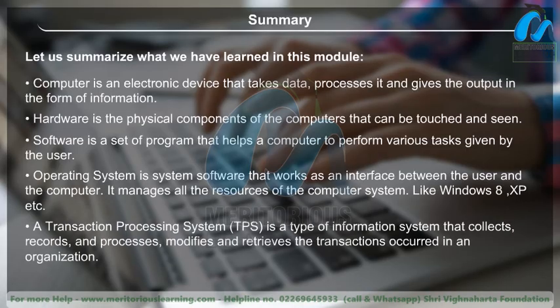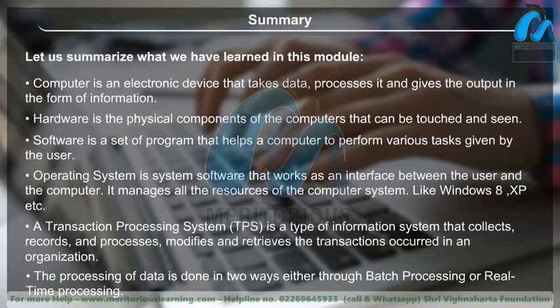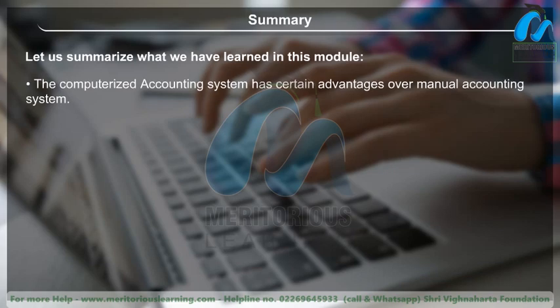A transaction processing system, TPS, is a type of information system that collects, records, processes, modifies, and retrieves the transactions that occurred in an organization. The processing of data is done in two ways, either through batch processing or real-time processing. The computerized accounting system has certain advantages over the manual accounting system.